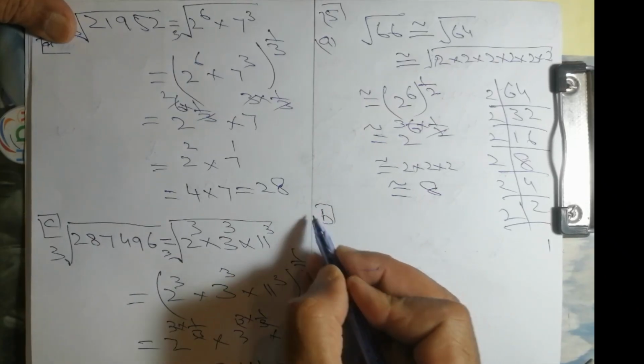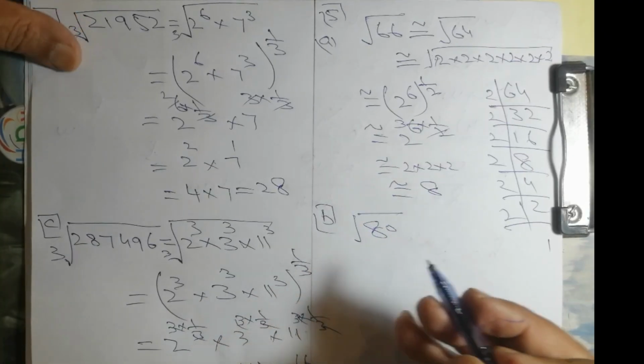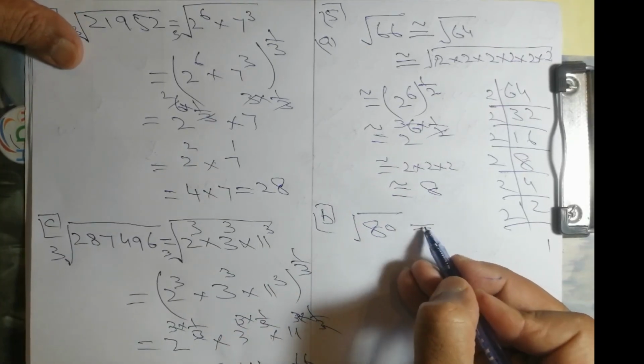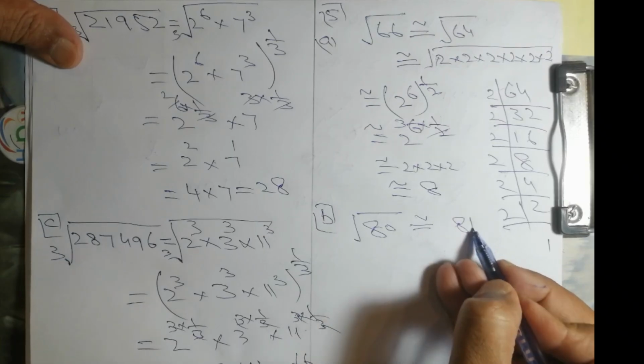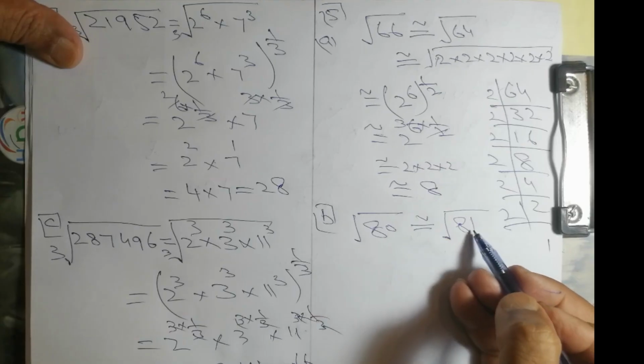Part B of this question, 80 square root. We know that 81, this is very near to 81, right? Because 81 is the square of 9.